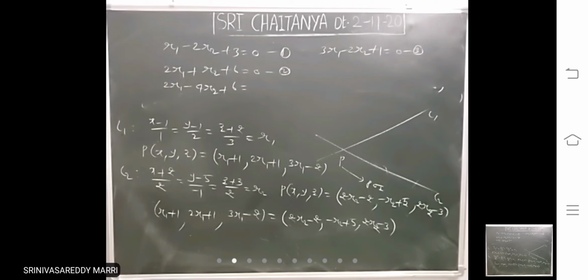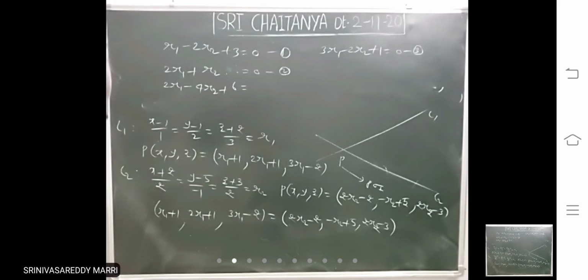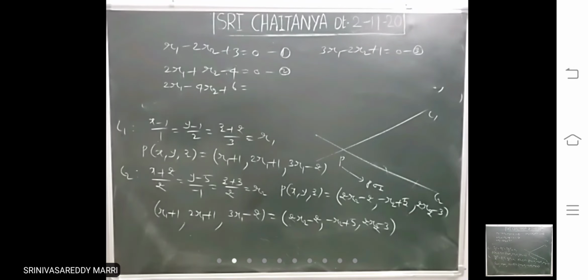Two R1 control equation: R1 minus 2R2 plus 3, and 2R1 plus R2 minus 4, this equal to 0.